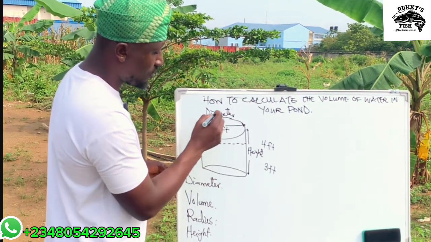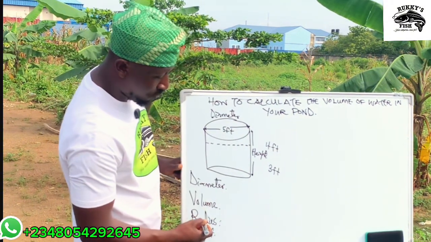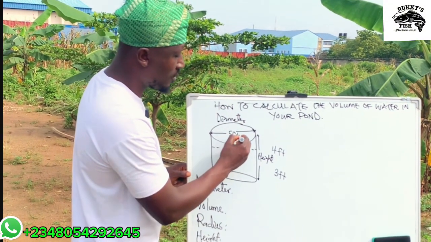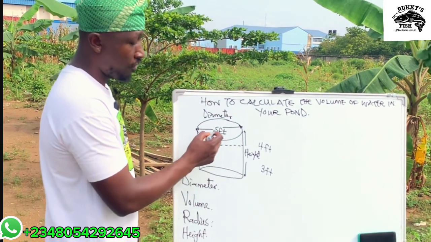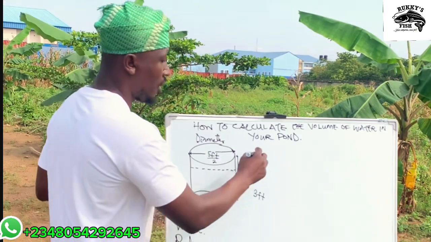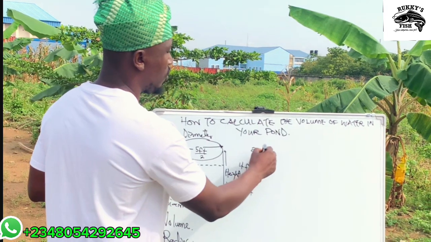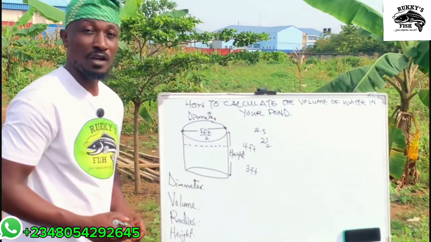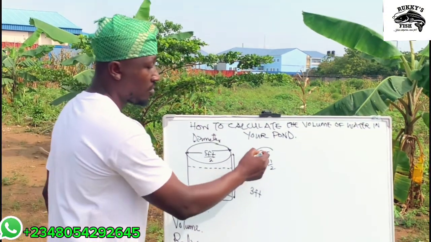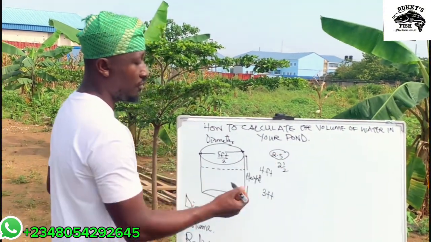Because we are looking for radius, we'll have to divide this by 2. And what's the half of 5 feet? We have 2.5. Let's use the decimal against the fraction, so 2.5.